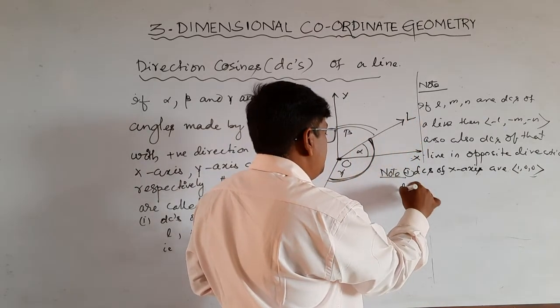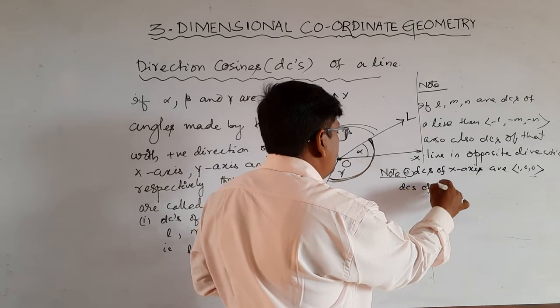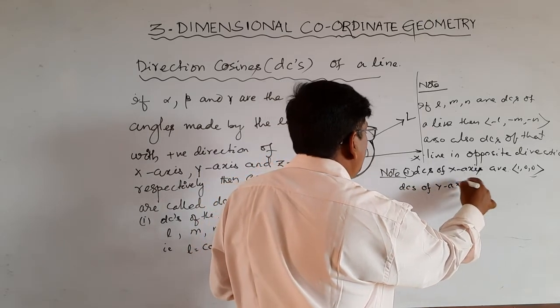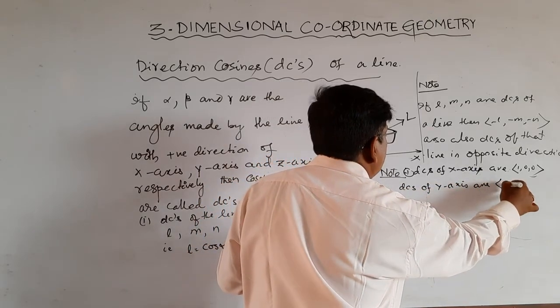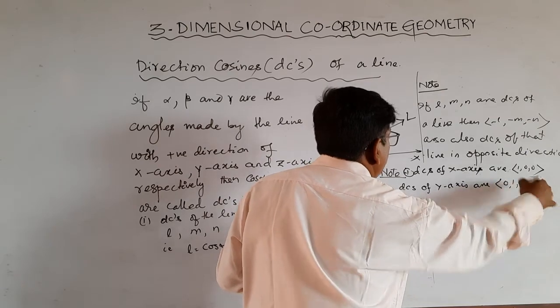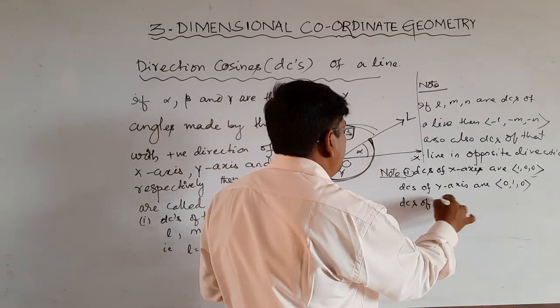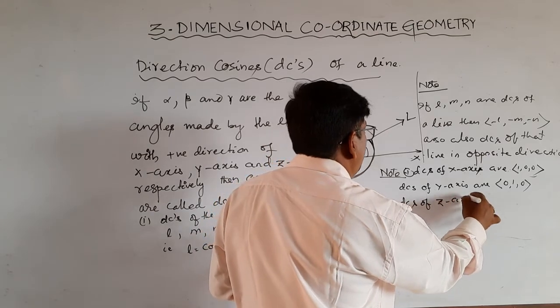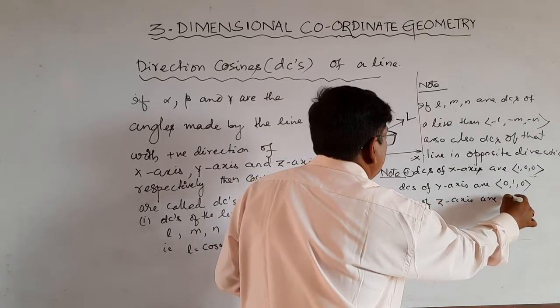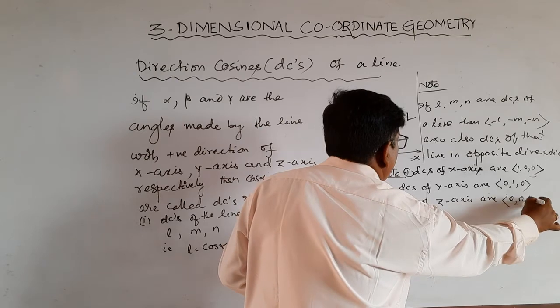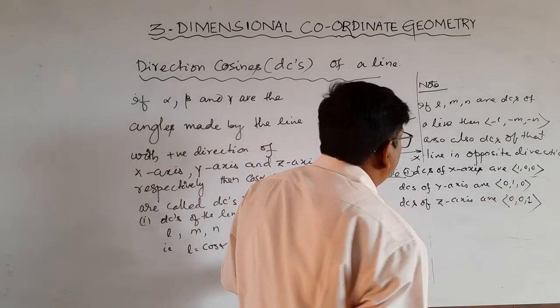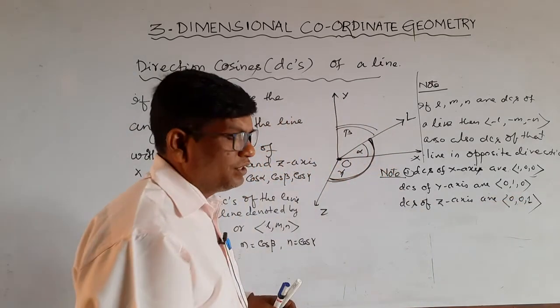Similarly, DCs of the y-axis are 0, 1, 0. DCs of the z-axis are 0, 0 and 1. Okay, now one question.